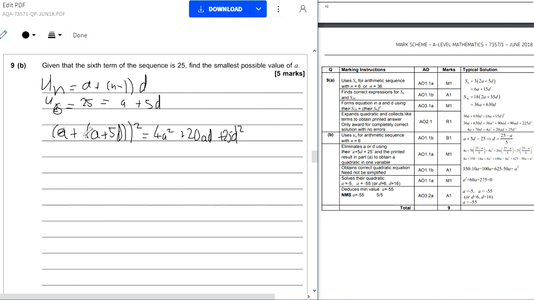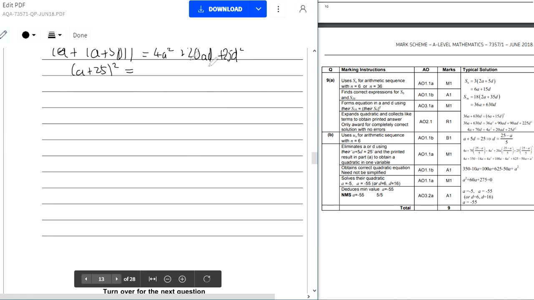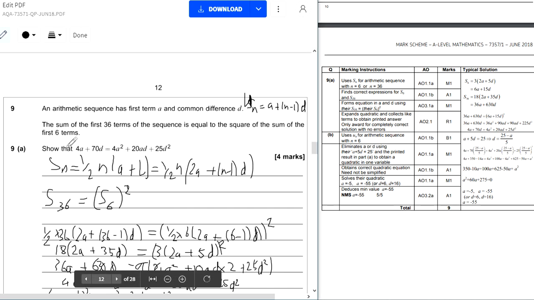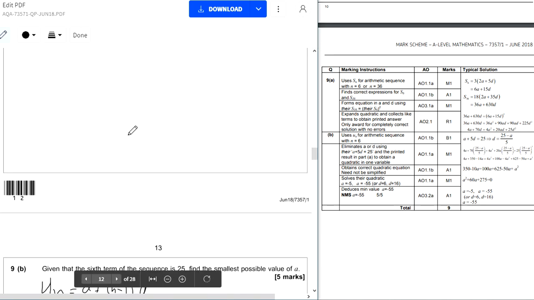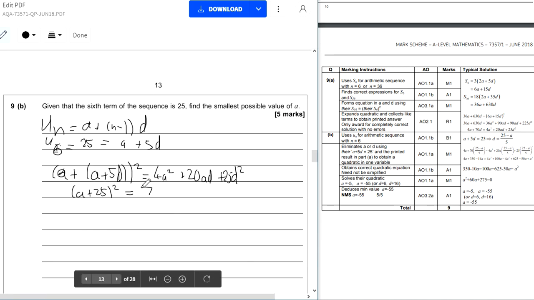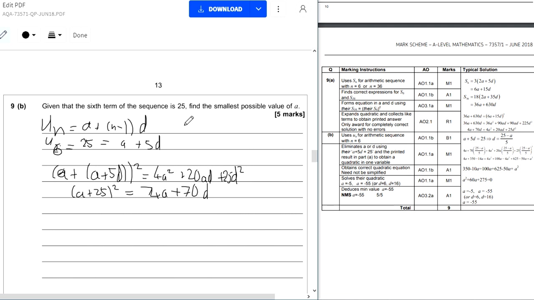But we know what the value of this is. We know that that's 25. So we have (a plus 25) squared equals that. But we also know that that is equal to 4a plus 70d. And now we've just got to replace, you know, we've got a and d.